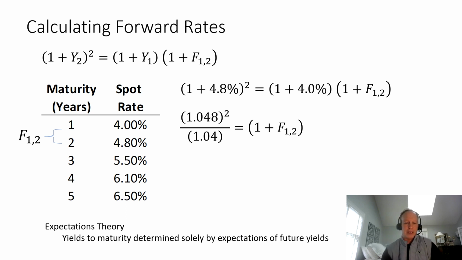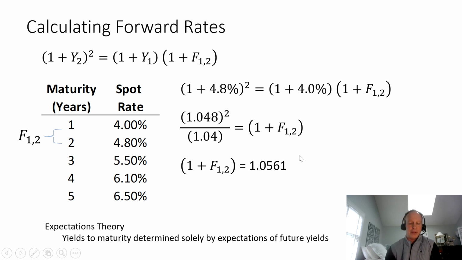We just divide both sides by 1.04. And then we do this math here. We get 1 plus the forward rate is simply going to equal 1.0561. So now all we have to do is subtract 1 from both sides, and we get the forward rate itself. It's 5.61%.